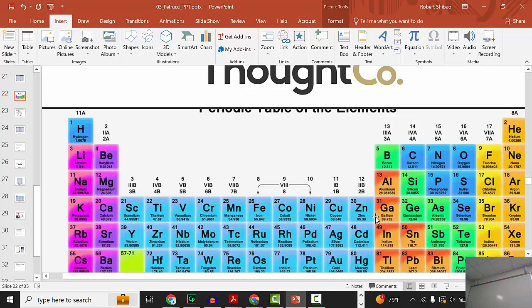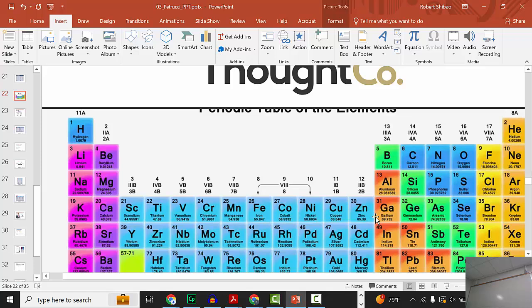However, copper is not always plus 2. Do you know what copper is? Plus 1 and plus 2, actually. And so copper is a little weird because it should only be plus 1, not plus 2, plus 1. But it's also plus 2.